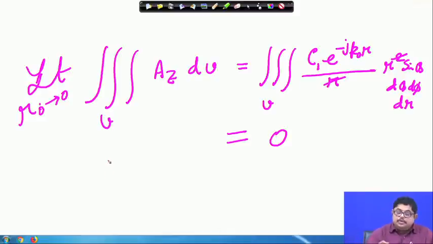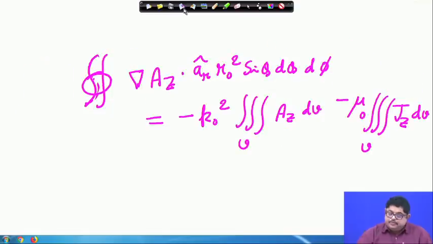Also, in the previous page, I have put that this is 0. I am left with this term. Let us see this term.